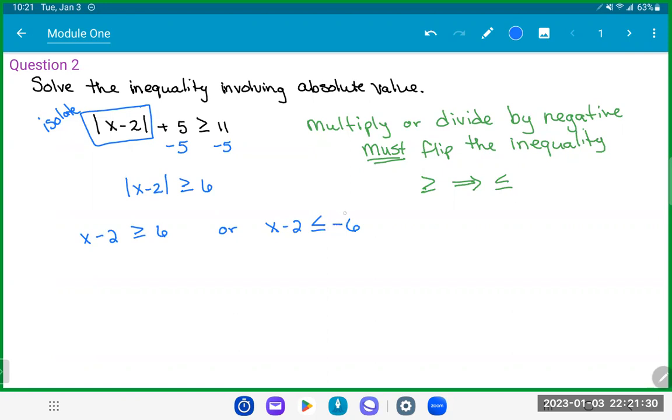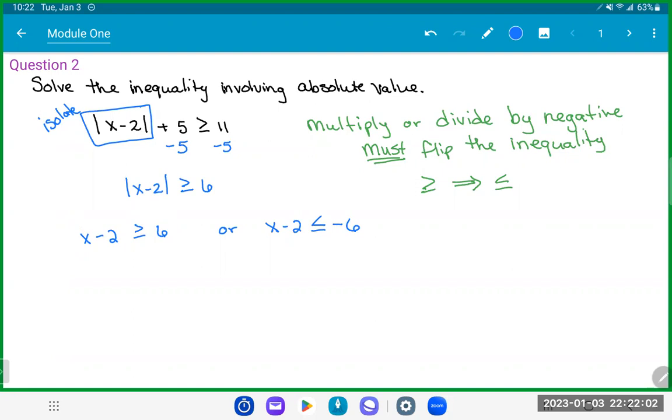Notice I have flipped the sign because of the negative 6. You could think of this as roughly multiplying the whole thing by negative 1. It's not exactly what we're doing, but that's how you can think of it. Because we're using the negative for the other side, we have to flip that sign.